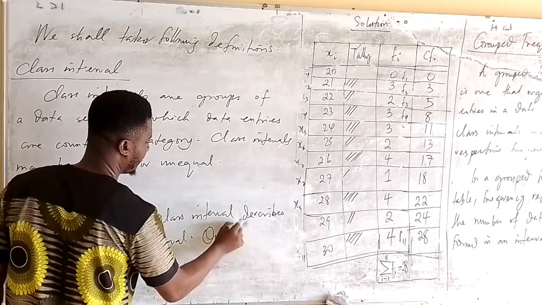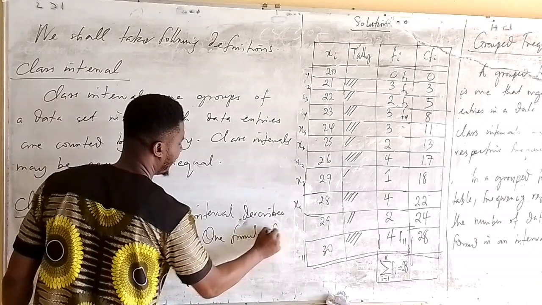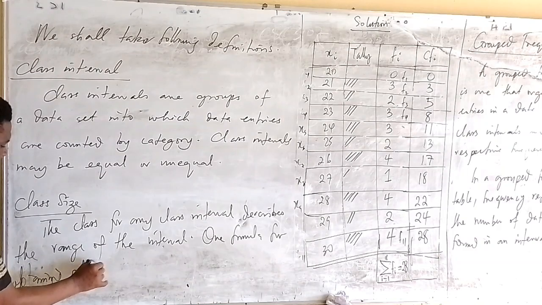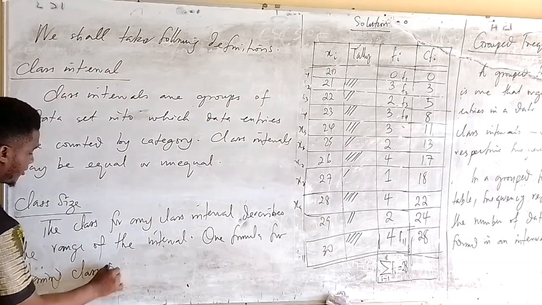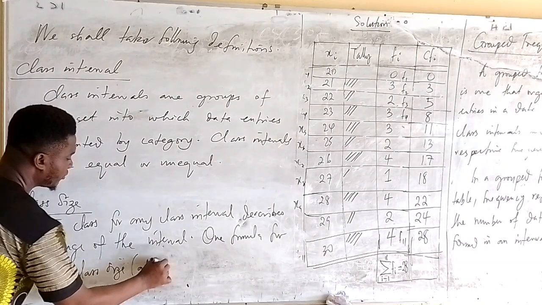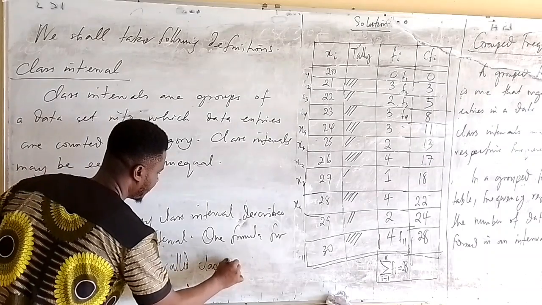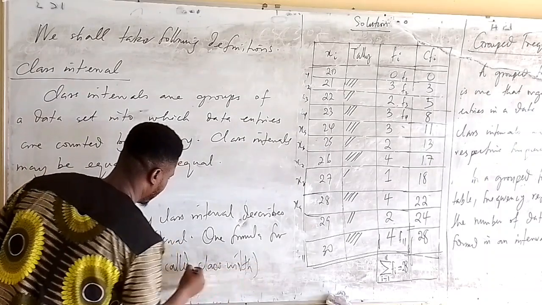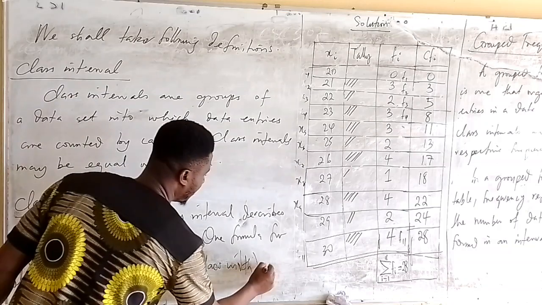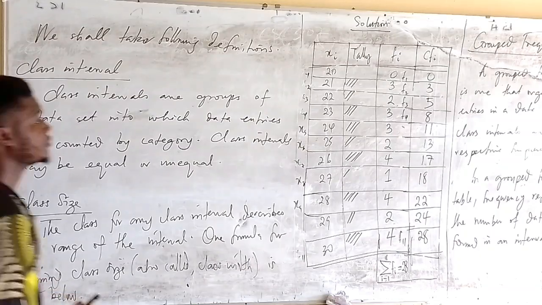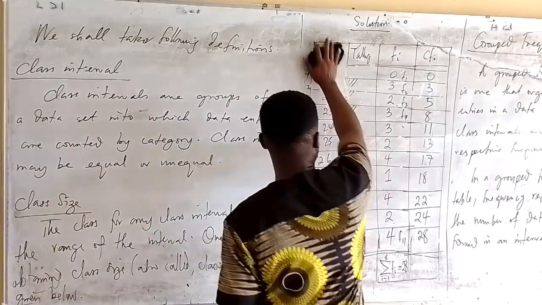One formula for obtaining class size, also called class width, is given below. Can I wipe this off?